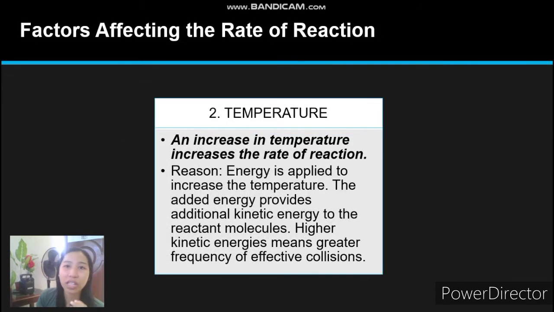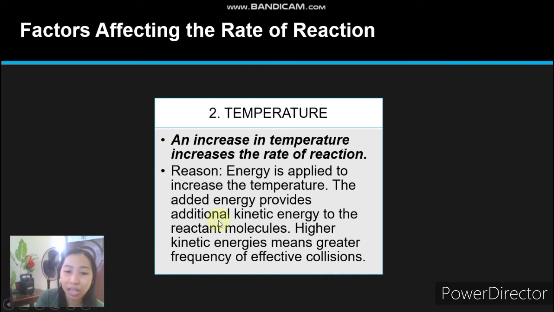Second, temperature. Always remember this rule. Increase in temperature, increase in rate of reaction. Syempre, nganong man? Here is the reason. Energy is applied to increase the temperature, right? Pag gina-increase nimo ang temperature, that means taas pa ang heat energy. And this increase in heat energy would increase the kinetic energy of your molecules.